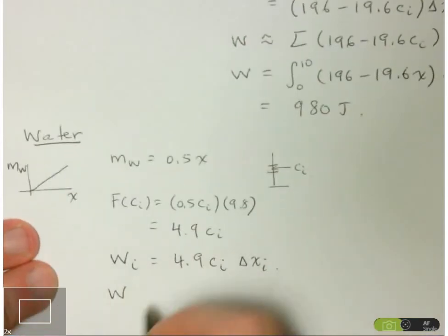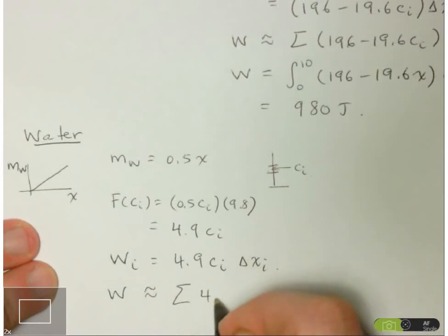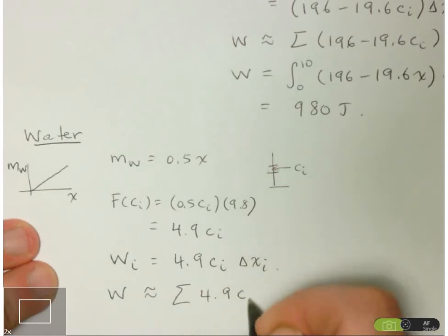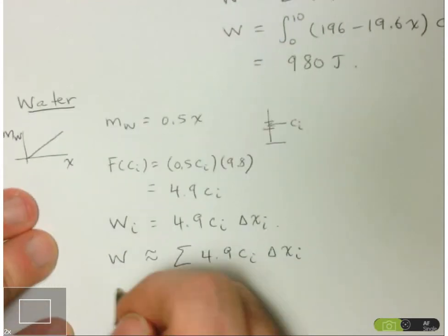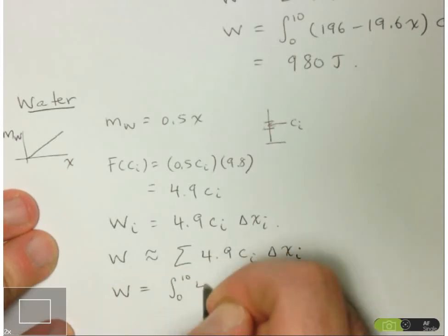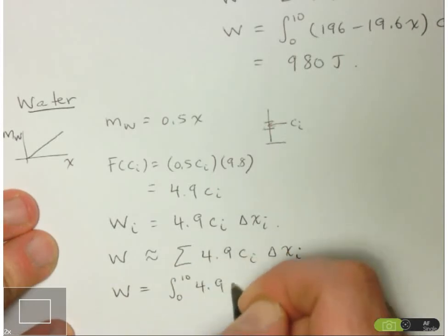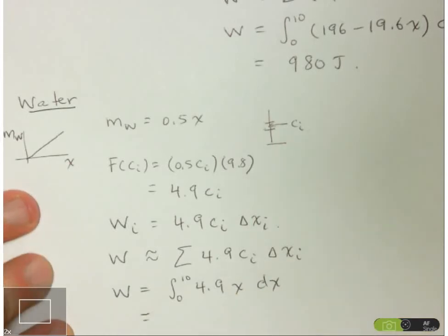As usual, we estimate the total work by summing up the work of each subinterval. Again, a nice easy integrable function, so we can take the limit and get the true work as the integral from 0 to 10 of 4.9x dx. Again, an easy integral to solve, and you get 245 joules.